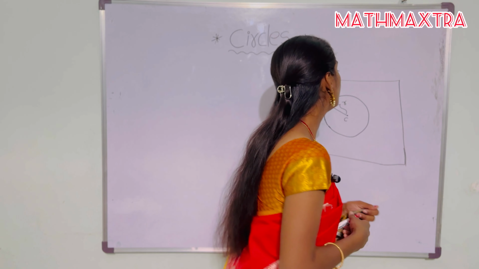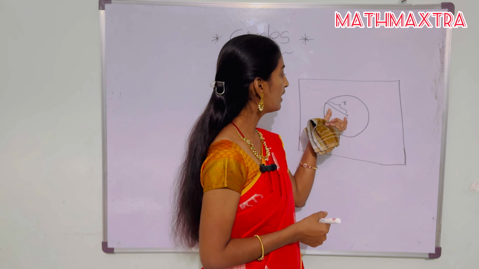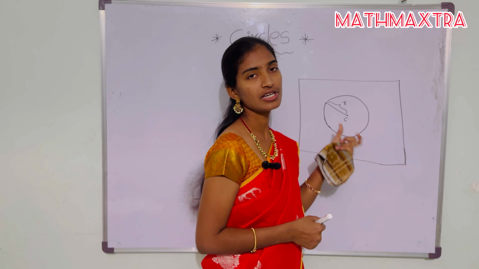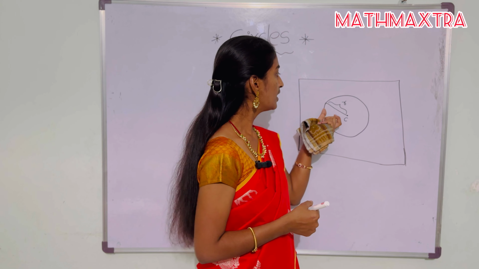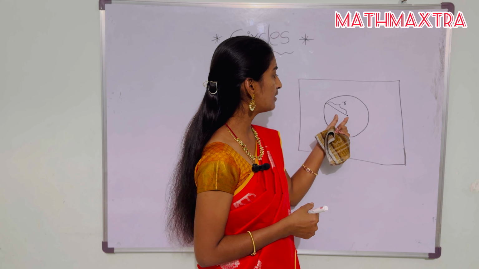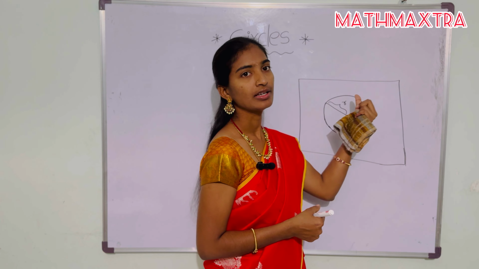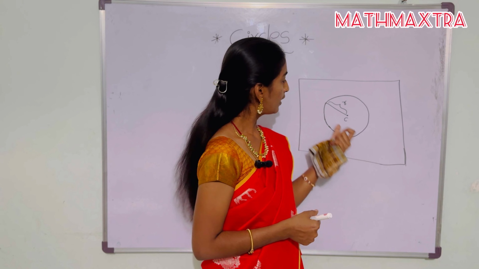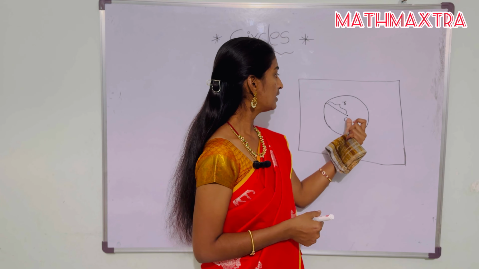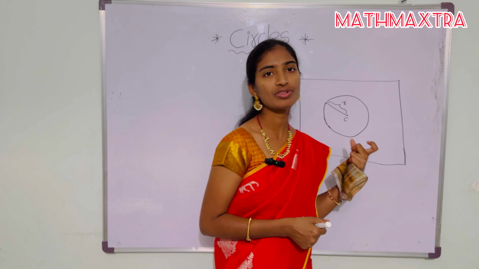How can we define the radius of the circle? Just now we have seen that a constant distance we call the radius of the circle. But in another way, it is nothing but the distance between the center and any point on the circle. Because we are collecting equidistant points, if you take any point, the distance from the center to the point on the circle is always constant.